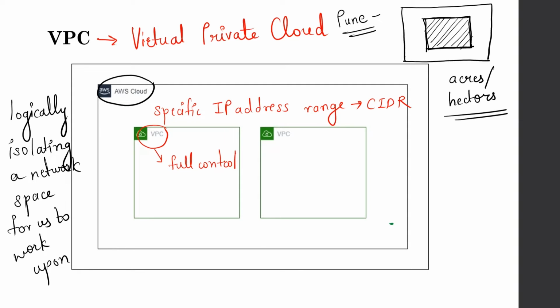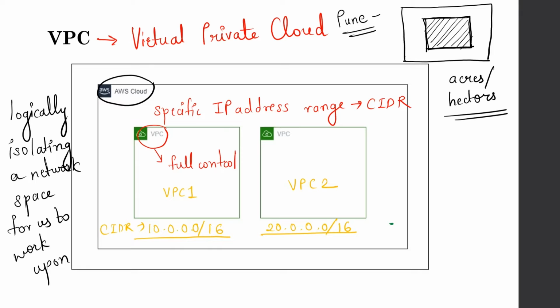Okay, so let us consider that this is one VPC, say VPC 1, and this is another VPC, that is VPC 2, and suppose this VPC is assigned this particular IP address, and the other one, let's say 20.0.0.0/16. So this is a particular CIDR range. This is just for an example, like how we assign these ranges.